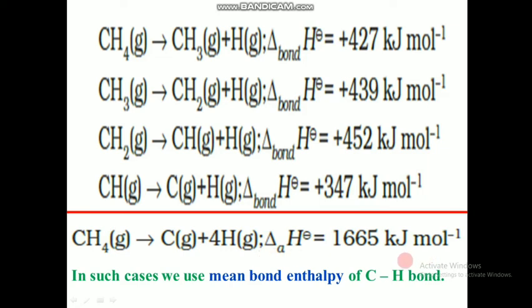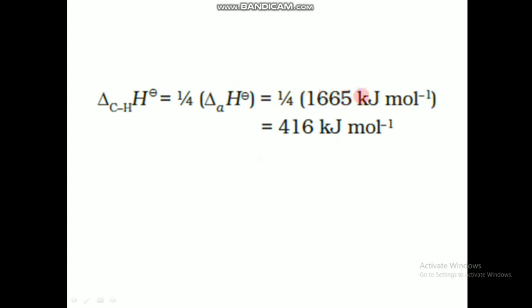So in such cases, we have mean bond enthalpy, which is the average of all the bond dissociation enthalpies. The sum will be 1665. So 1665 divided by 4 will give the mean bond enthalpy of that particular molecule, which is methane. That's all about bond enthalpy.